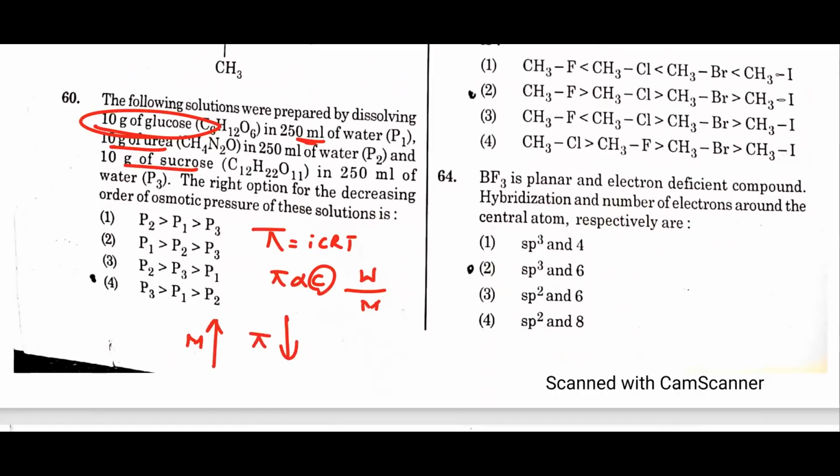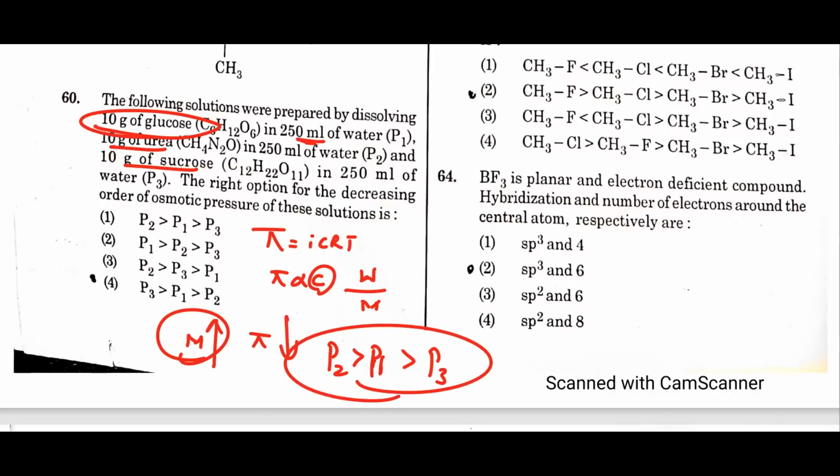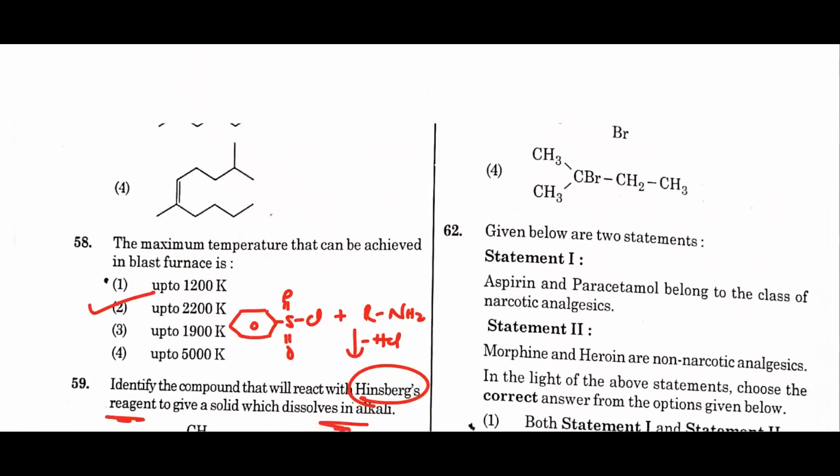Sucrose has more molecular weight, so less osmotic pressure, P3 is less, and urea has a lower molecular weight, so more osmotic pressure. And then glucose, so P2 greater than P1 greater than P3. Next, see the next question.